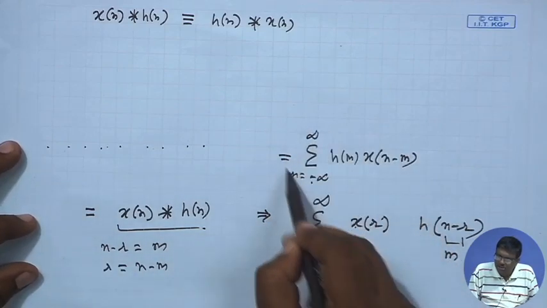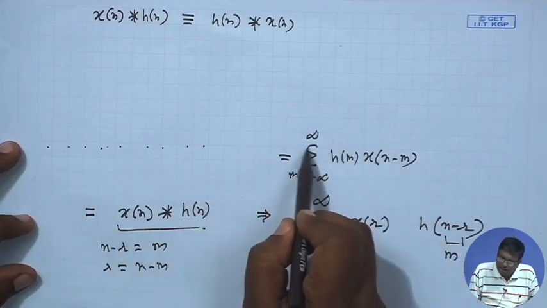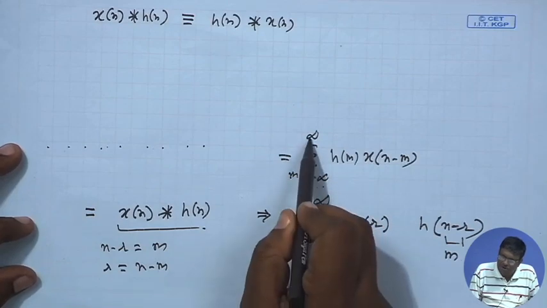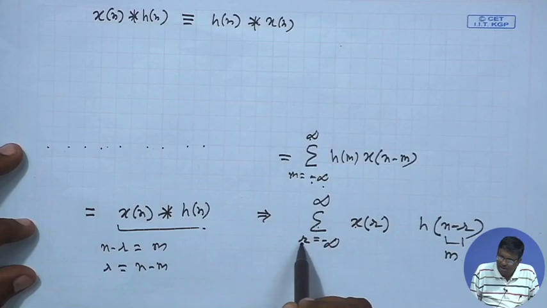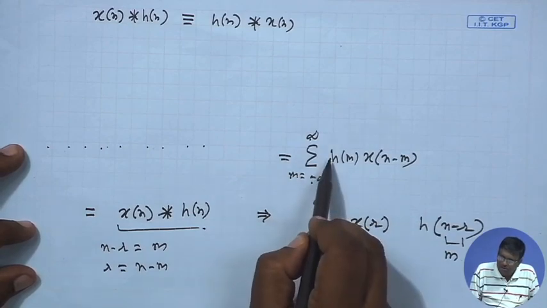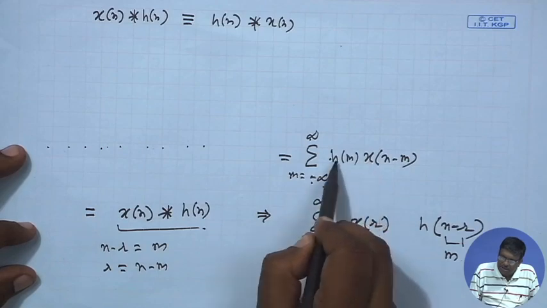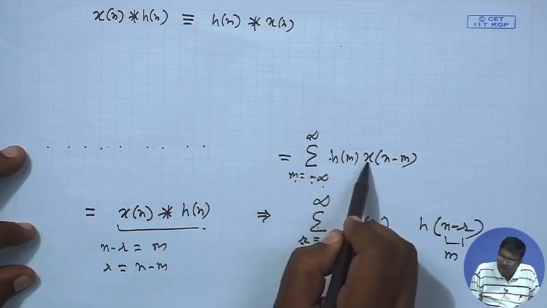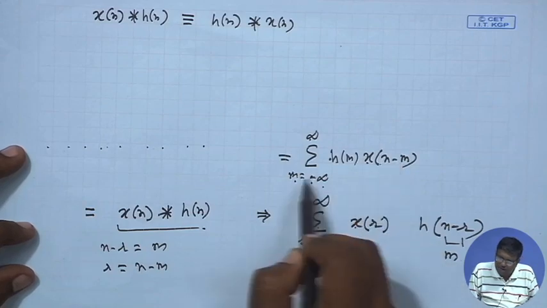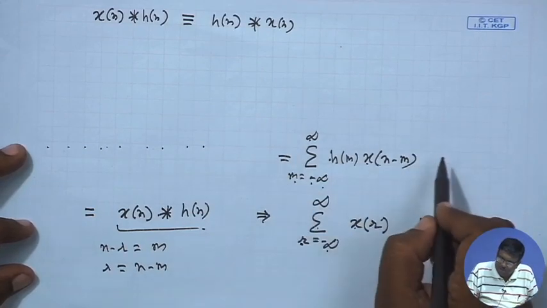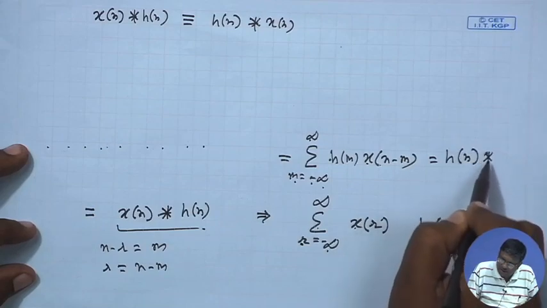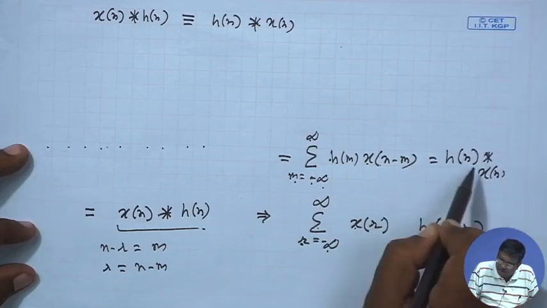Now, look at this thing. There is a summation, there is a local index m, range from minus infinity to infinity, like here, summation, local index r, minus infinity to infinity. First guy is h, second guy is x. In h, within bracket this local index comes. In the case of x, what comes? n minus the local index. So, it is like convolution between h and x, evaluated at nth point.